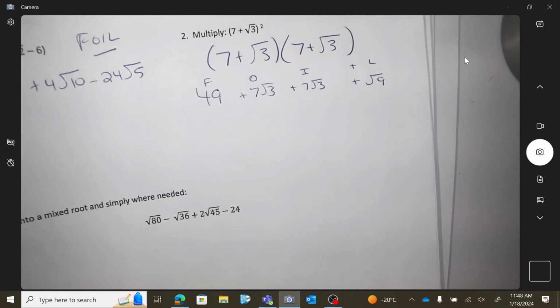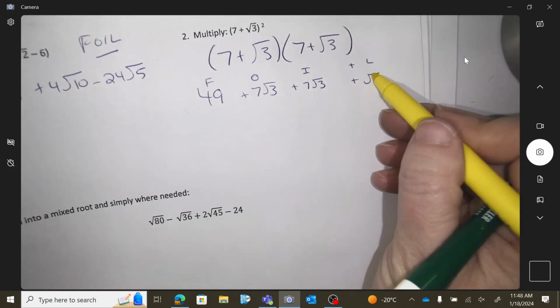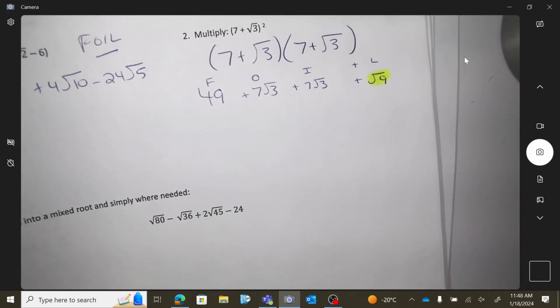Okay, there's 3 things you are going to have to do to finish this off, because I'm going to ask for simplified. So one thing you have to recognize is the root of 9 should not stay that way. Some of you did this on your test. You left a square root of whatever, 81 or 16.